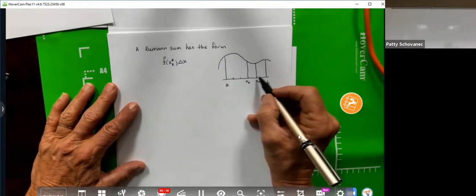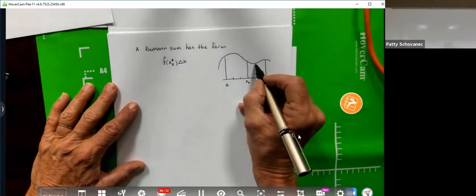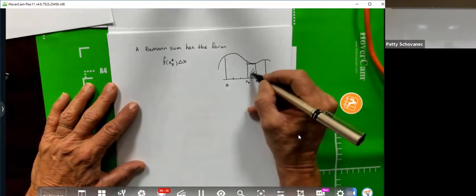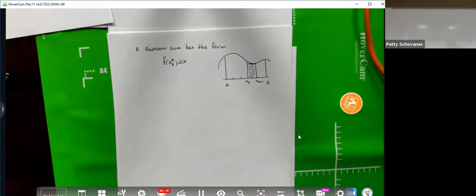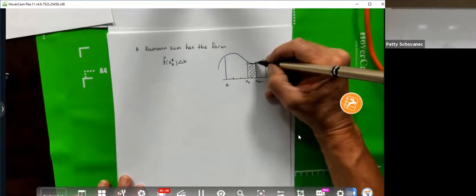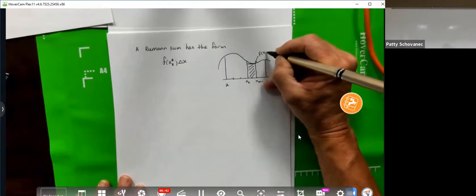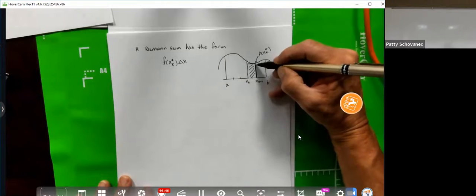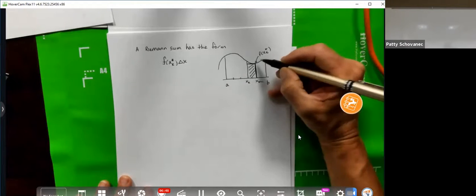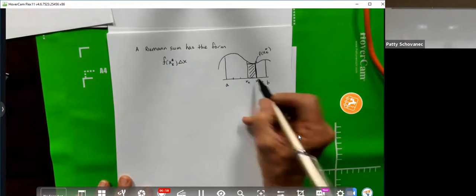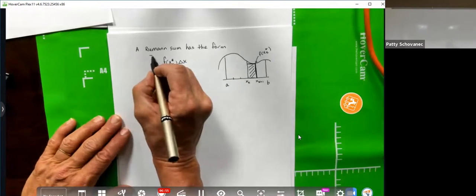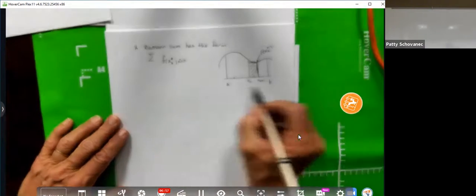So in my picture, I'm going to use the right endpoint as my xk star, just to emphasize that I'm forming a rectangle whose height is f of xk star. That's this length right here. And then this is the delta x.